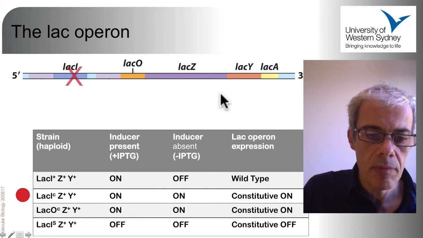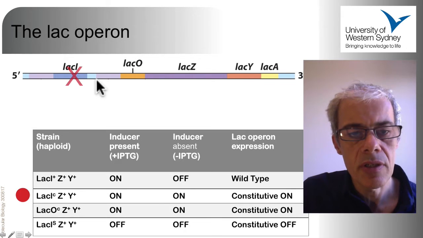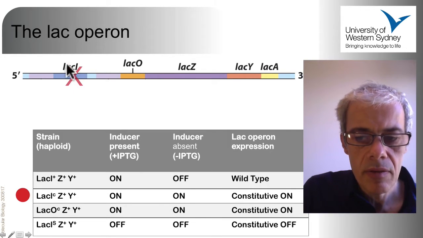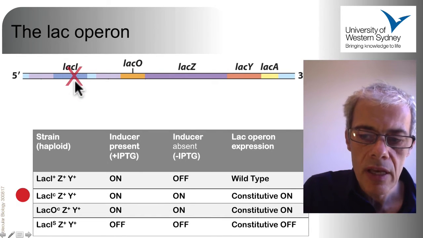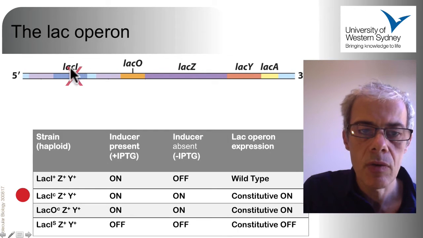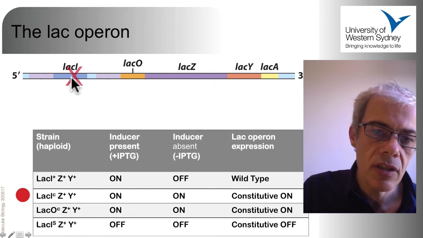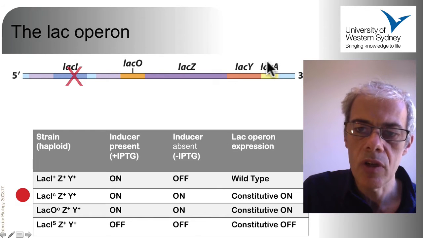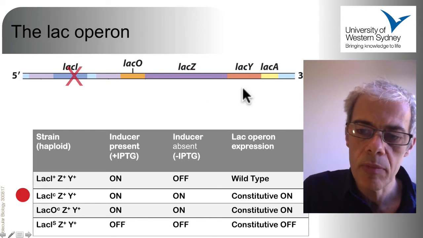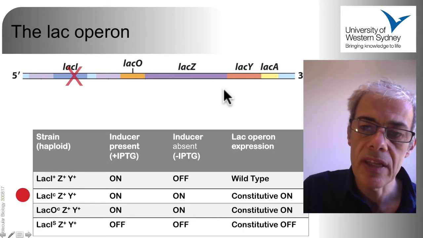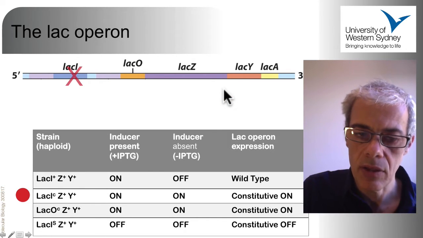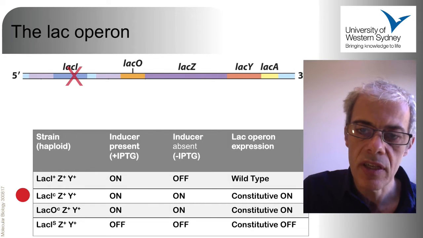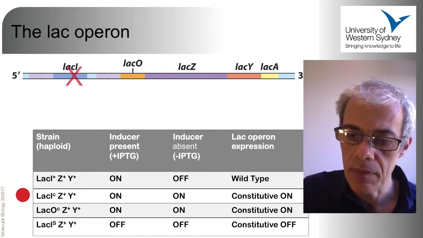So effectively, they identified a mutant in the LAC-L gene, which was constitutively on. They identified a mutation in this gene here, so that these three genes here were being produced all the time, even in the absence of lactose, or in these experiments, in the absence of IPTG.